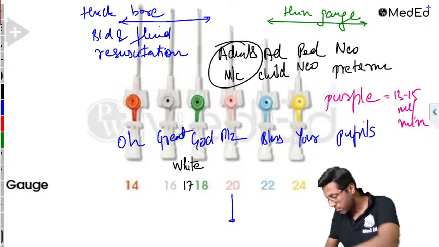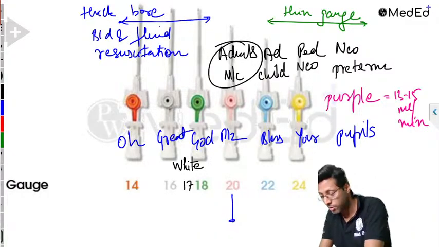Wait, just give me a second. My phone will get discharged. How will I see your messages? One second, guys. Just hold on.